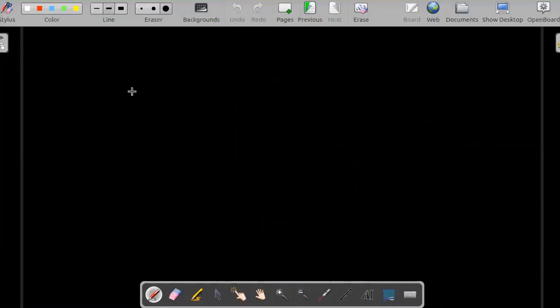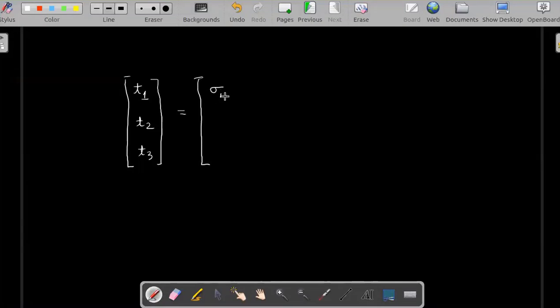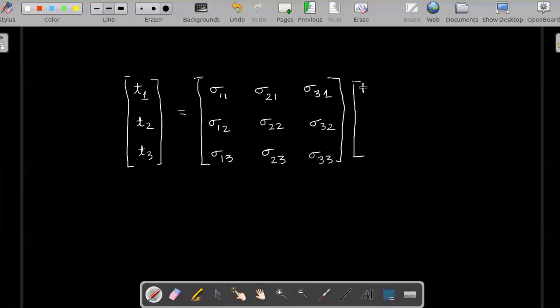The column vector T1, T2, T3 is equal to the matrix of sigma 1 1, sigma 2 1, sigma 3 1, sigma 1 2, sigma 2 2, sigma 3 2, sigma 1 3, sigma 2 3, sigma 3 3, multiplied by the column vector n1, n2, n3.